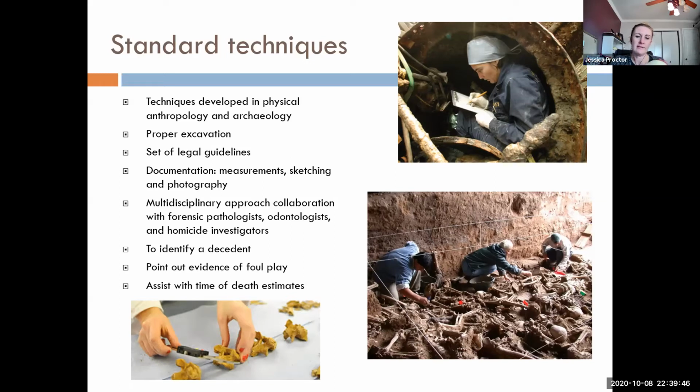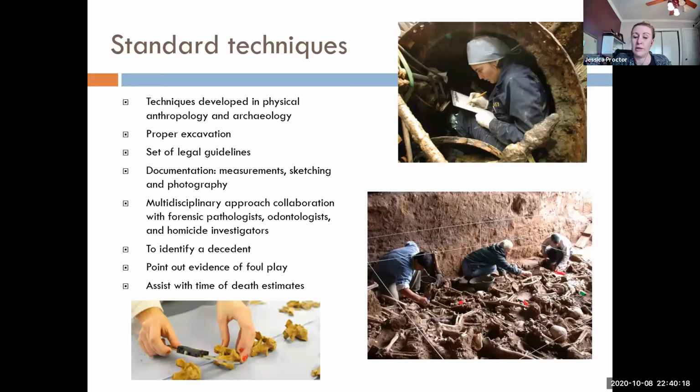It utilizes a multidisciplinary approach of collaboration with forensic pathologists. So pathologists look more at how disease affects bones, odontologists, which study teeth, and also homicide investigators, because, of course, a homicide investigator may not have the expertise as far as how to identify the bones and determine cause of death, but they certainly have a stake in this whole investigation, especially if they're in the middle of investigating an active crime scene.